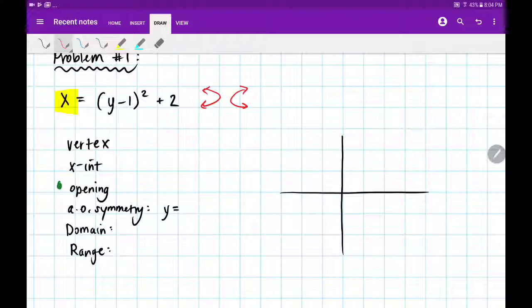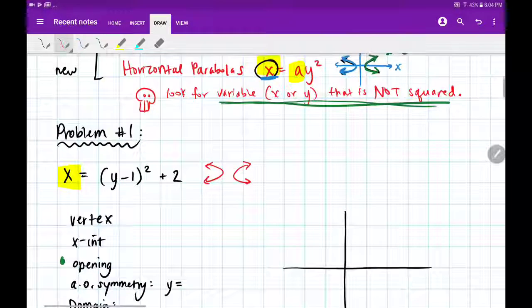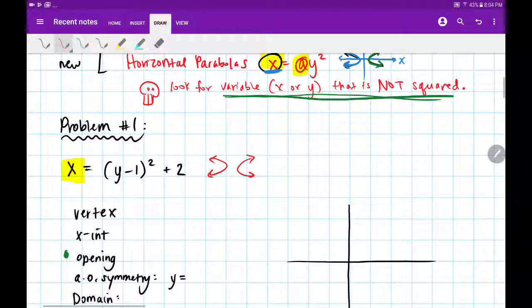How do we decide? Well, notice that our a value is the number being multiplied on the other side of the equal sign. So we located this x. Now we're looking on the other side of the equal sign for the a value that's being multiplied in front of y squared. So I want you to ignore this number. That's not the number.